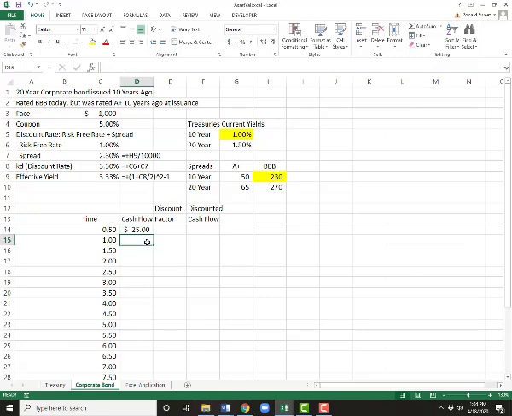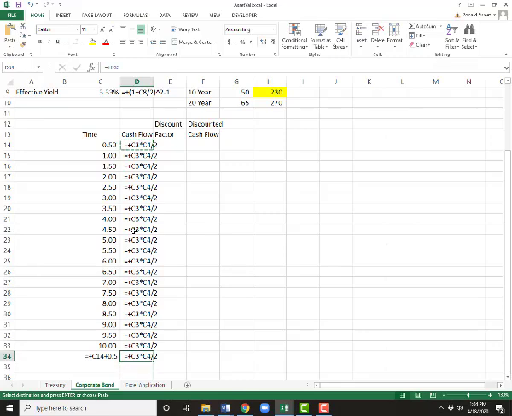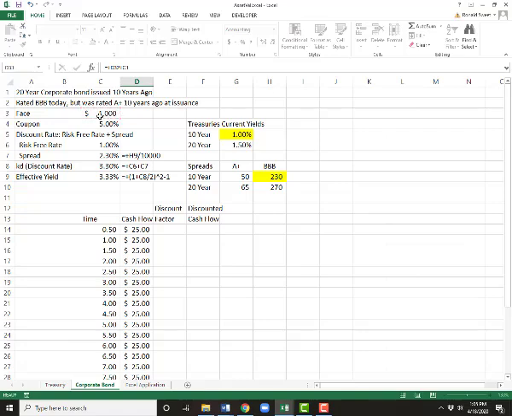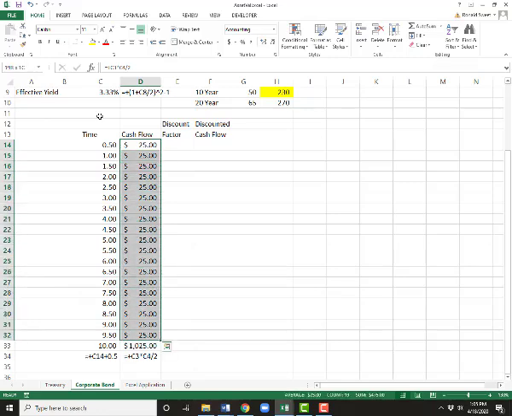And then below that, you just want to reference that and copy it down, except for the very, very last time you add the face amount back for the bond. So every time you do a bond, you'll have the same number until the very end, and at the very end you'll have that number plus $1,000.